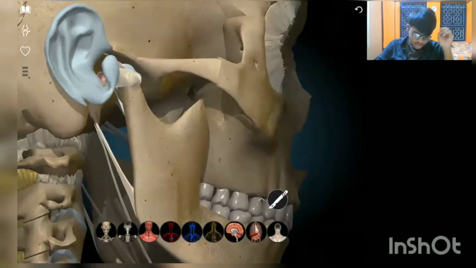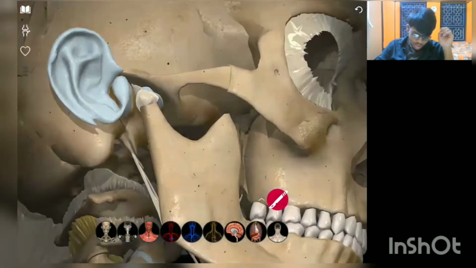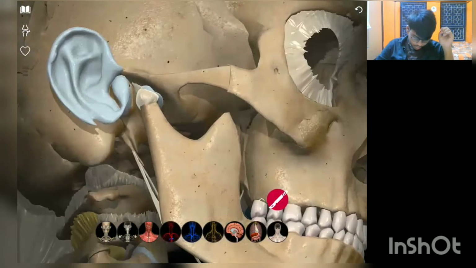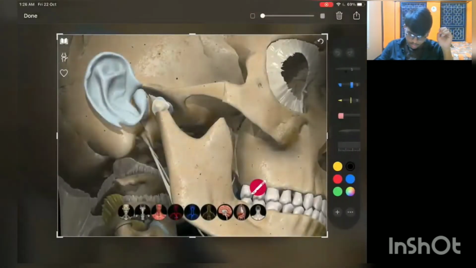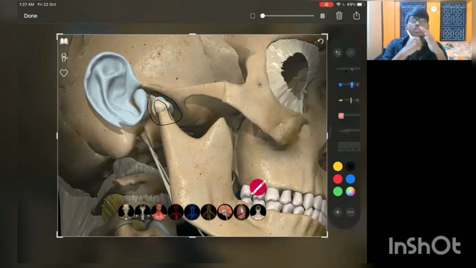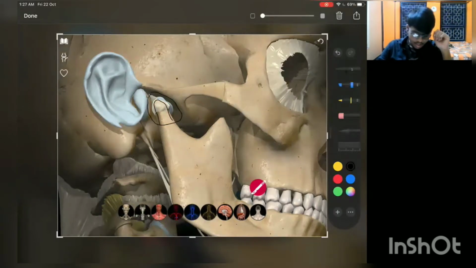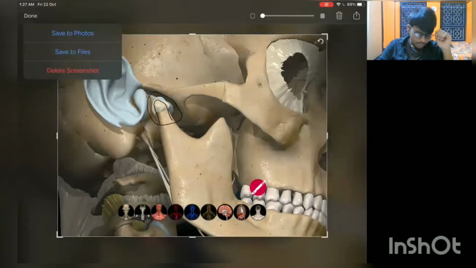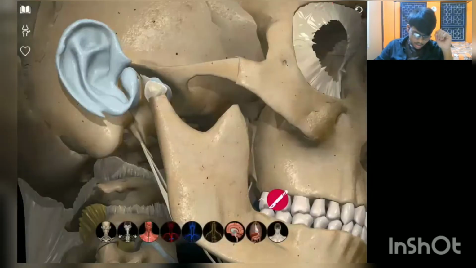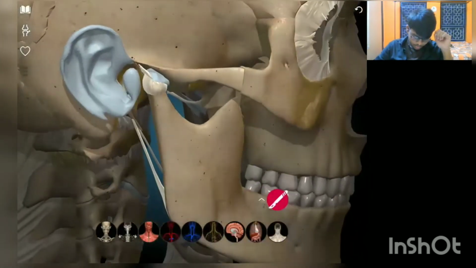You can clearly see that this fossa is the mandibular fossa, and this one is the head of the mandible. In between these two surfaces, the joint which is formed is the temporomandibular joint. Now let's see about the ligaments.